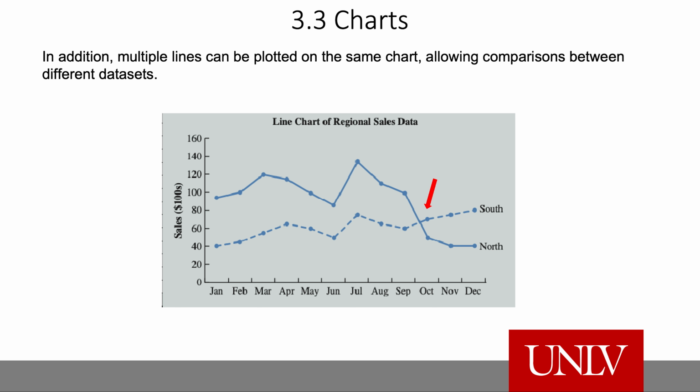The South displays steadier and more gradual growth, eventually surpassing the North by October and sustaining higher sales through the end of the year. This contrast highlights how line charts can reveal not only individual trends, but also meaningful differences between datasets.